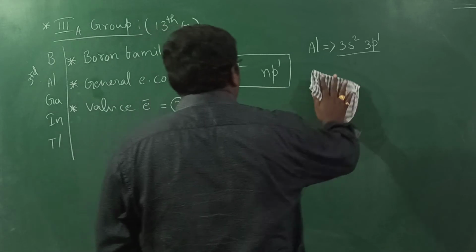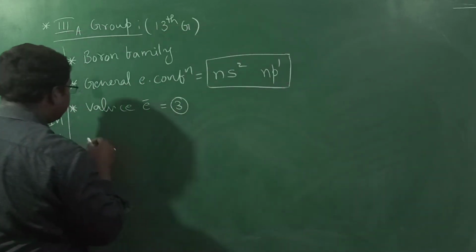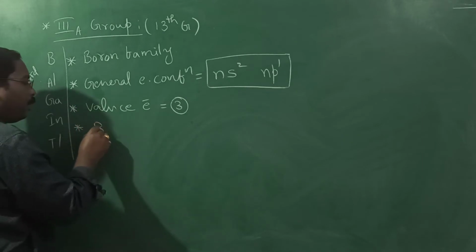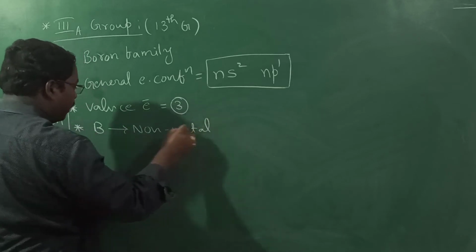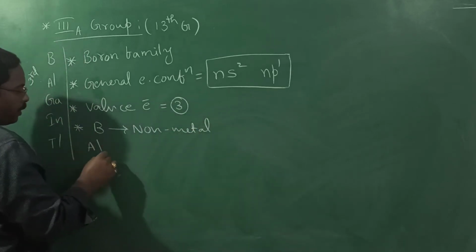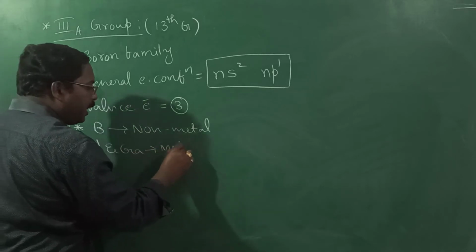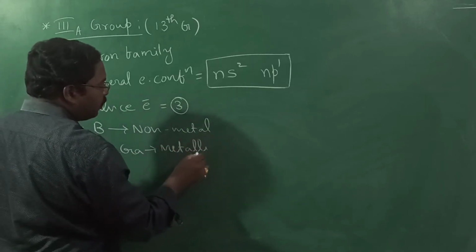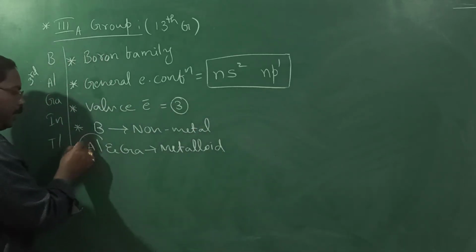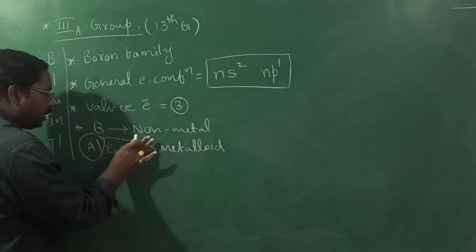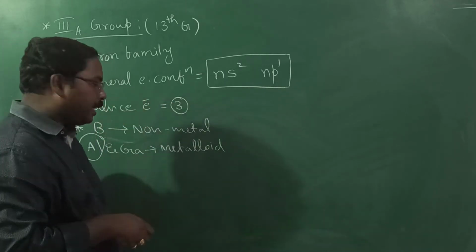Now coming to other properties. Coming to the nature of these, generally boron has non-metallic character. Aluminium as well as gallium has both metallic and non-metallic character. This is known as metalloid characteristics. Aluminium mostly has metallic character, along with some non-metallic character.